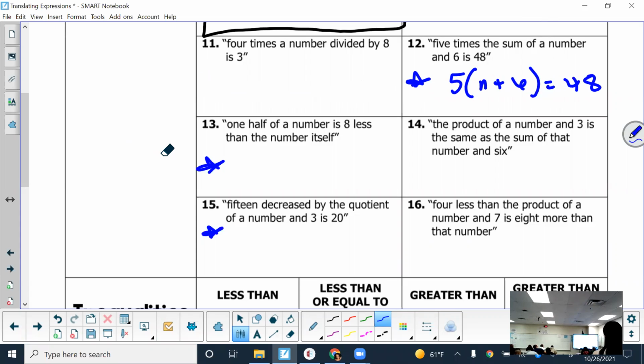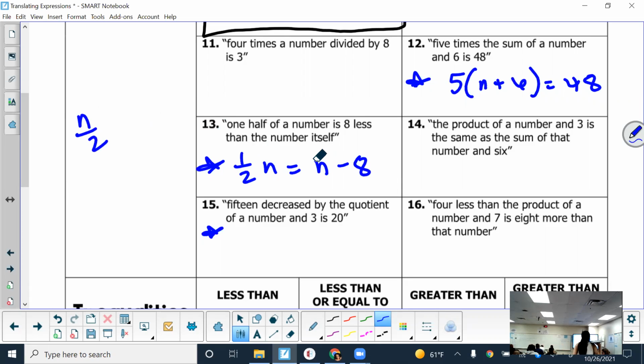All right, what about 13? 1/2 a number, how do I write that? Good, you can write it like that. If you wrote it as n over 2, that's good too. But 1/2 n. N minus 8, good. How did you know that it was the same letter?